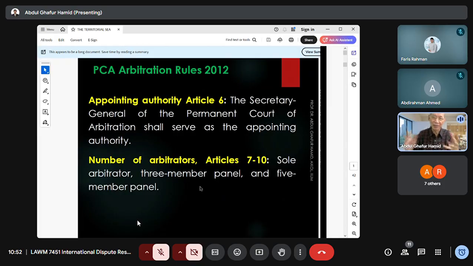The Secretary General of the Permanent Court of Arbitration, who is also the head of the International Bureau, the head of the Secretariat, shall serve as the appointing authority. Number of arbitrators, Articles 7 to 10: there can be a sole arbitrator, a three-member panel, or a five-member panel.